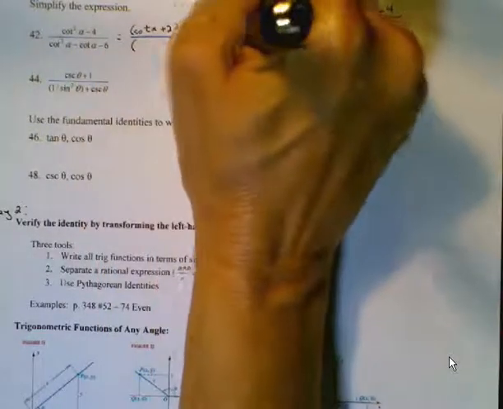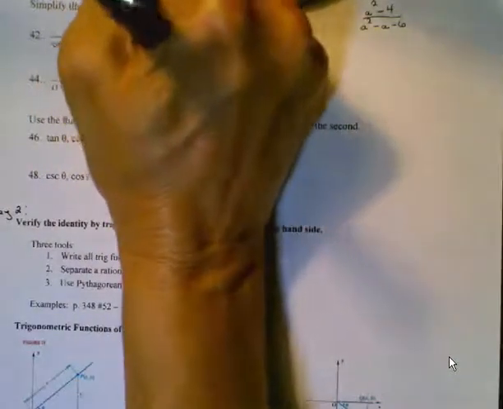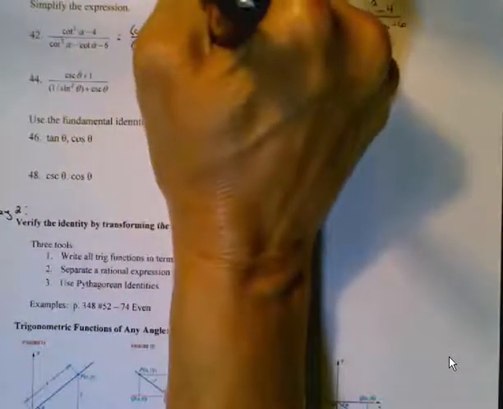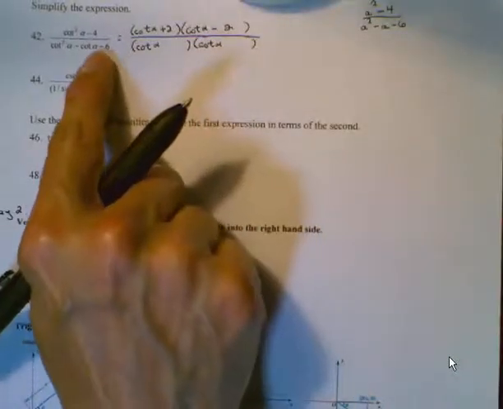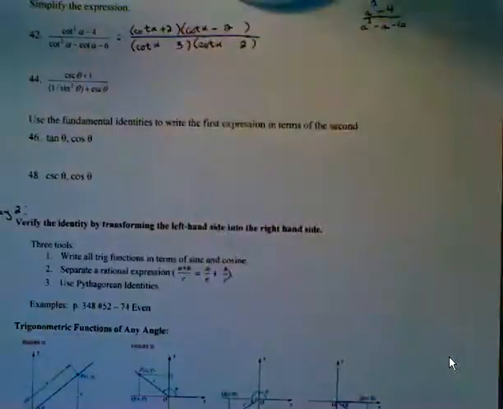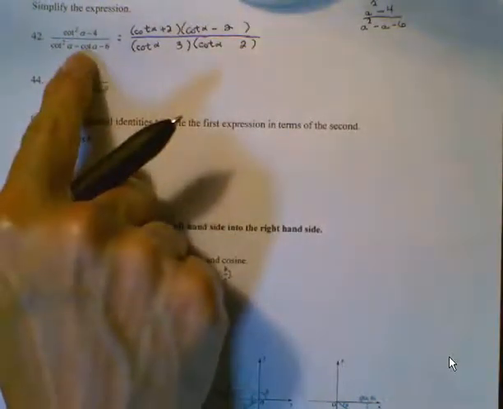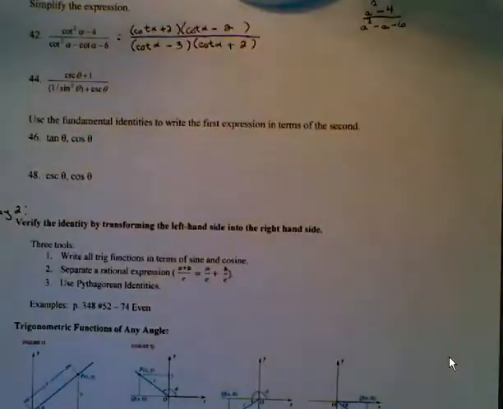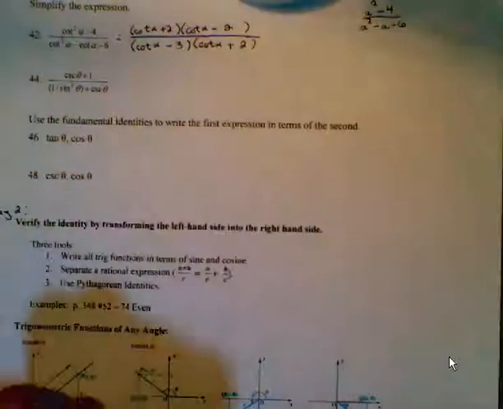That denominator, cotangent squared, pretty much has to be cotangent times cotangent. And then factors of 6 that have a difference of 1 are 3 and 2. And to get a negative 1 in the middle, you'd need a negative 3 and a positive 2. And then you can multiply that back together to check it.